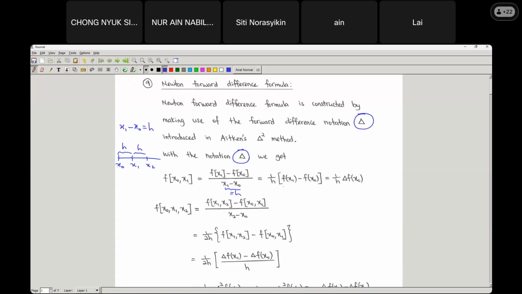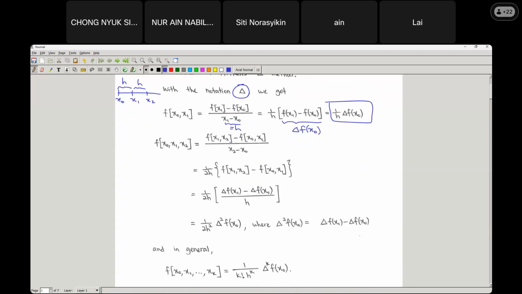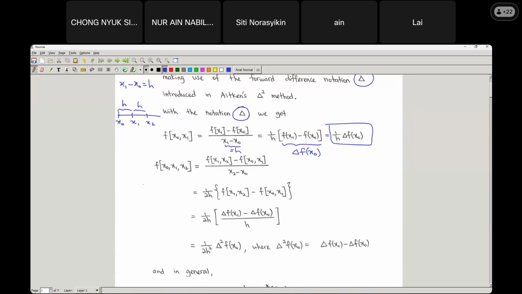Now I can represent this as triangle f(x0). This is how we get the simplified form, written in terms of the triangle. Next, if we have the second divided difference, this is the formula, right?